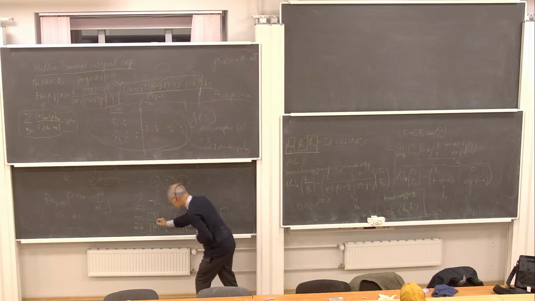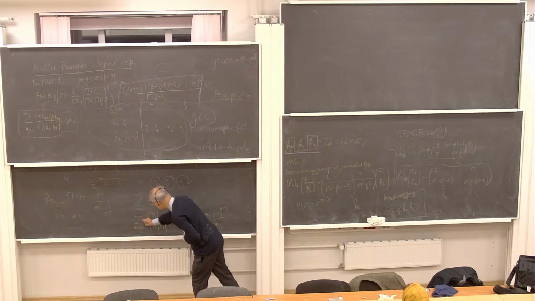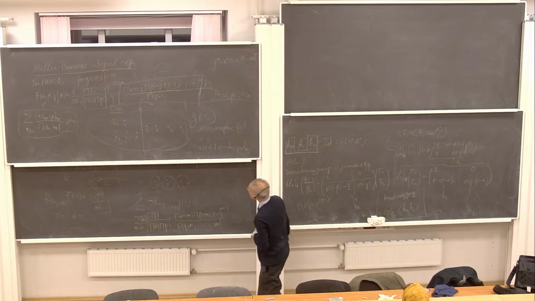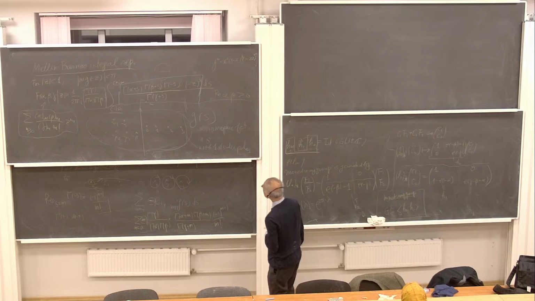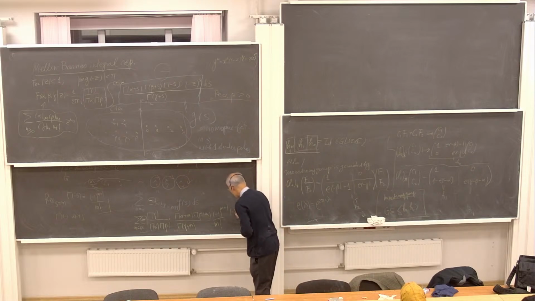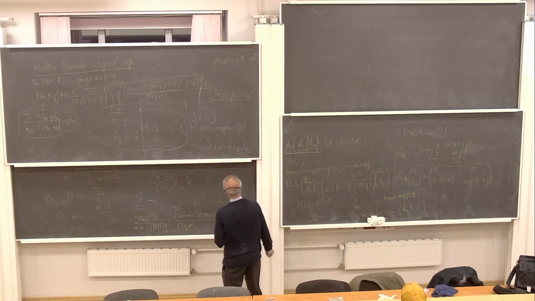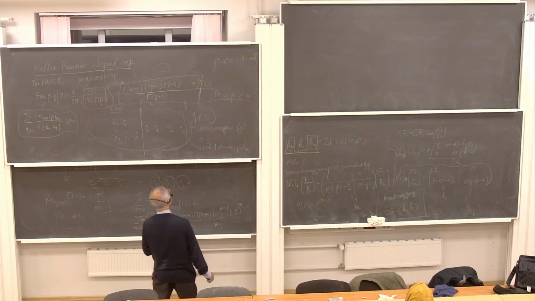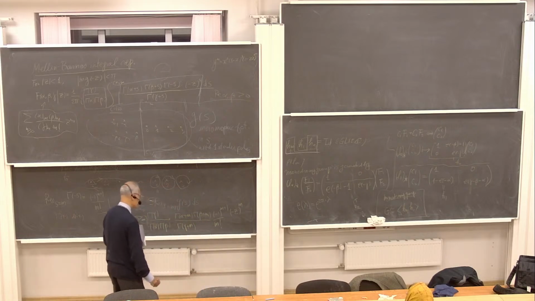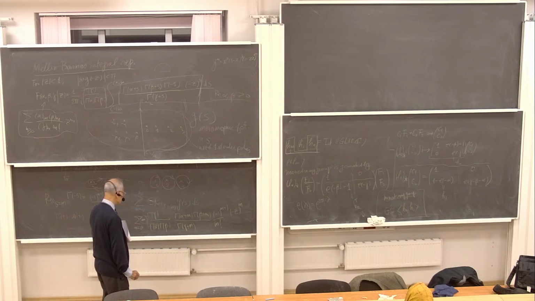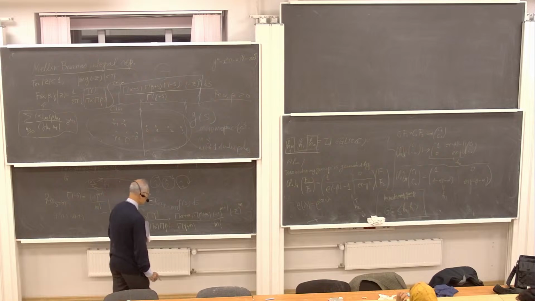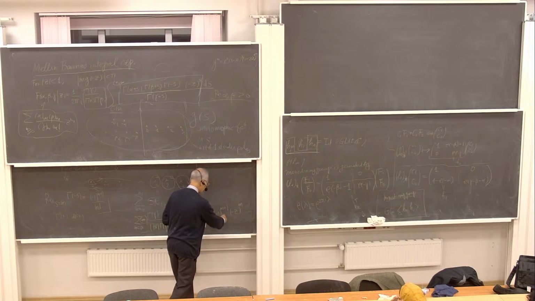Here I have minus, because of this minus, and minus z to the power of m. That's it. Now you see that these minus 1 to the power m cancel.